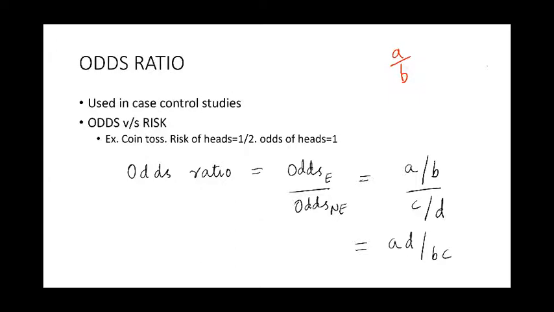So it is A by B. And similarly, now we see odds in exposed divided by odds in not exposed. So it will be A by B divided by C by D. So it is AD by BC, and hence it is also called the cross product ratio, since it is the product of AD divided by BC.